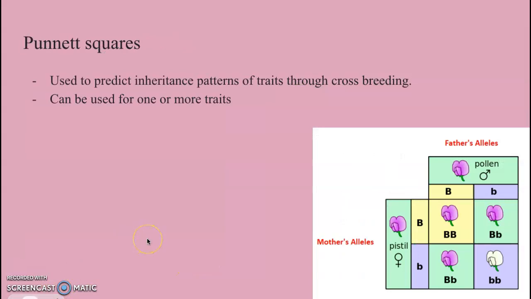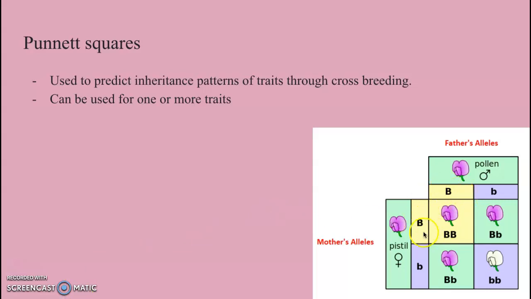So next we're going to go into Punnett squares and how to read them and how to make your own. Punnett squares are used to predict inheritance patterns of traits through crossbreeding, and they could be used to determine one or more traits, but we are going to be using the one trait since the multiple is used for higher education.